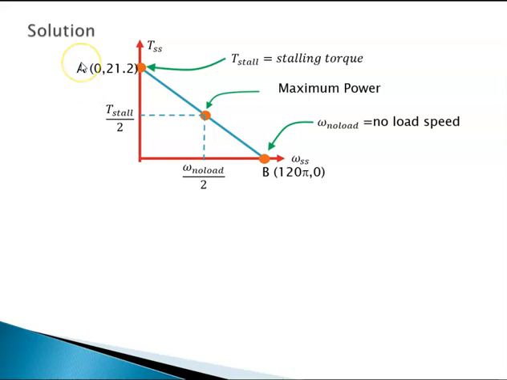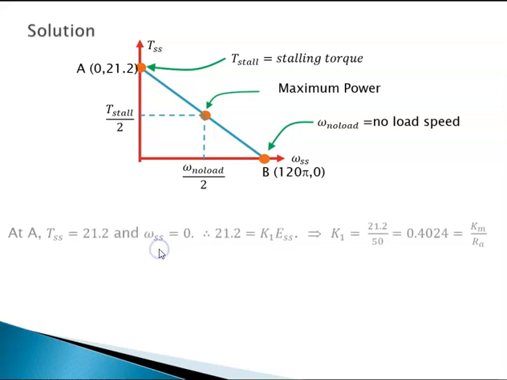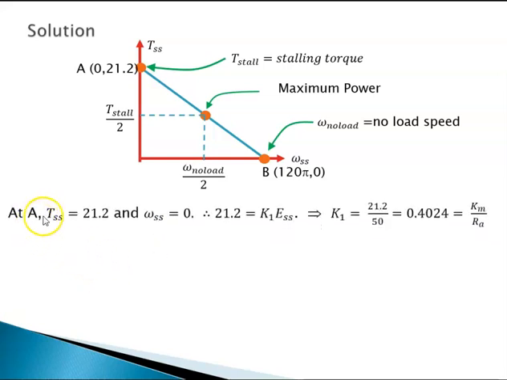The coordinates of point A are speed equal to 0, torque 21.2 Newton meters. At point B, the speed is 120 pi and the torque is 0. With this, we note that at point A, torque is 21.2, from which we see K1 as 0.4024.